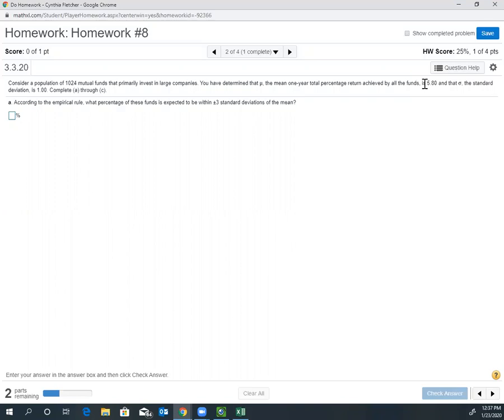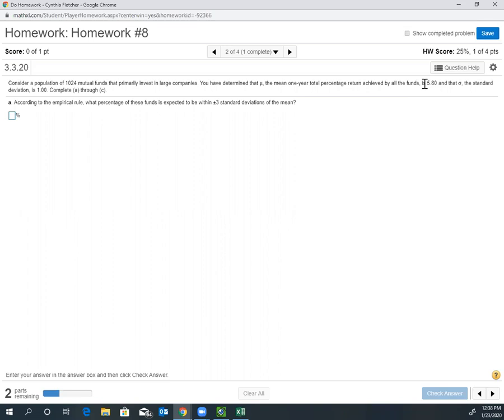Okay, so it says, according to the empirical rule, what percentage of these funds is expected to be within positive and negative 3 standard deviations?